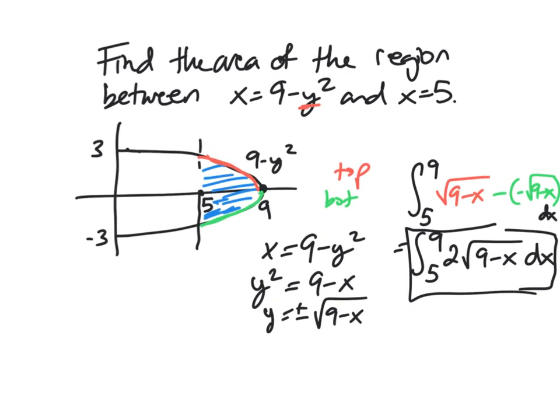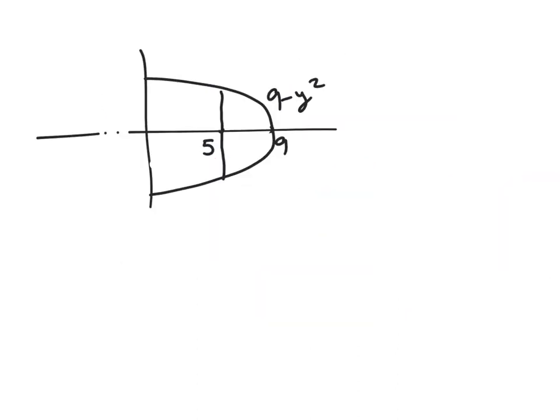So the other option is to change your perspective. So instead of always thinking of moving with regards to the variable x and then thinking top minus bottom, you can focus on the y-axis instead of the x-axis. And so here, your top, again in the red, would be, looking from the perspective of the y-axis, the furthest right, and then the furthest left thing is going to be your bottom in this case.